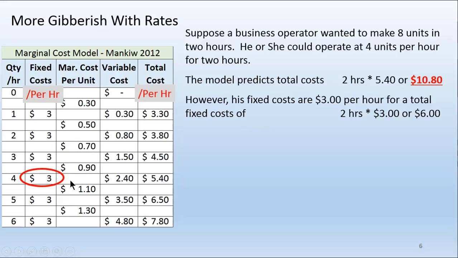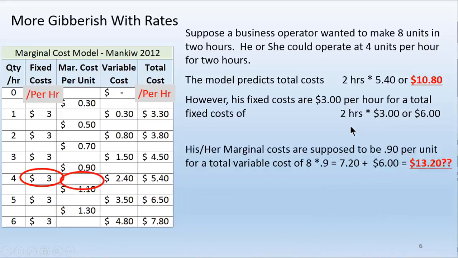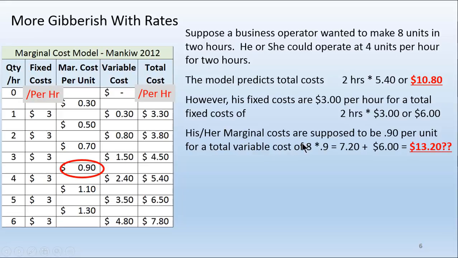So now my fixed costs aren't 3, but they're 6, because I got 2 hours in there. All right, so that's looking weird. Something's not right here. And his or her marginal costs are supposed to be 90 cents per unit. That would make my total variable cost 8 times 0.9 or $7.20, and I get a total cost of $13.20. Something's not right.